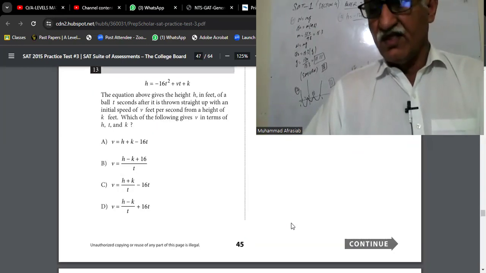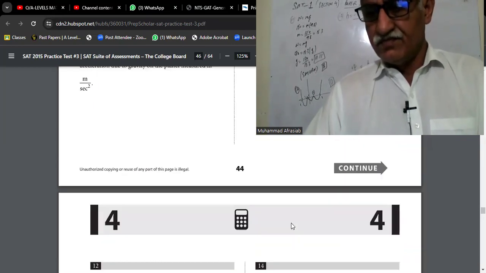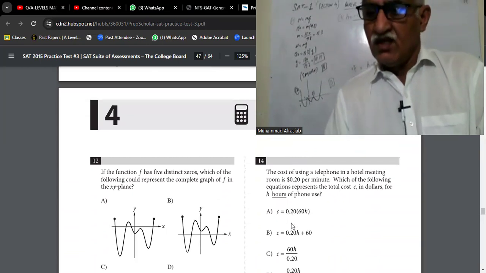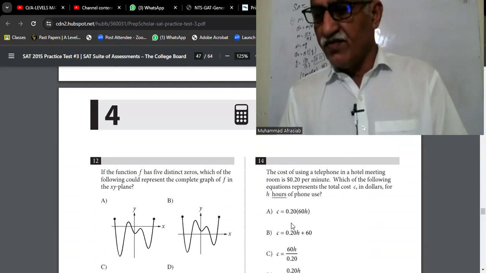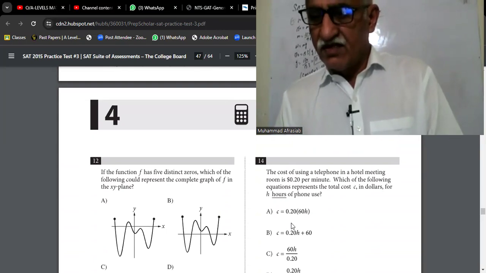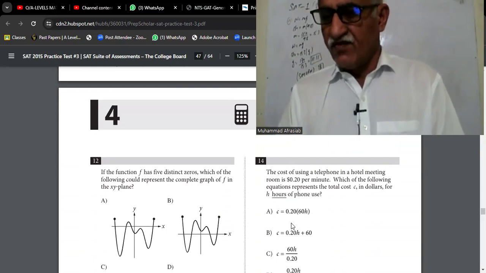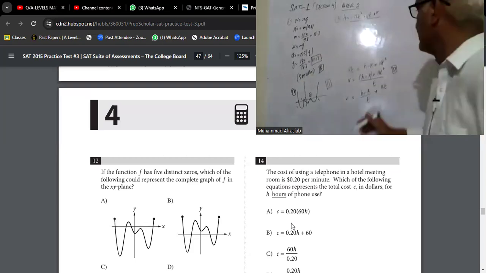It is 14 and 15. The cost of using a telephone in a hotel meeting room is 0.20 per minute. Which of the following equations represents the cost C in dollars for H hours?